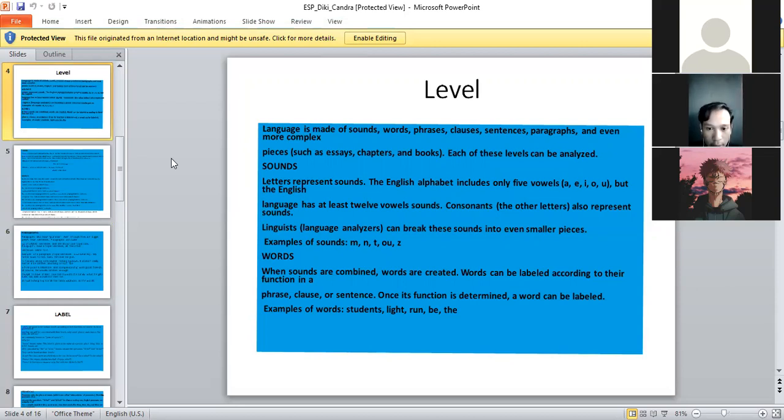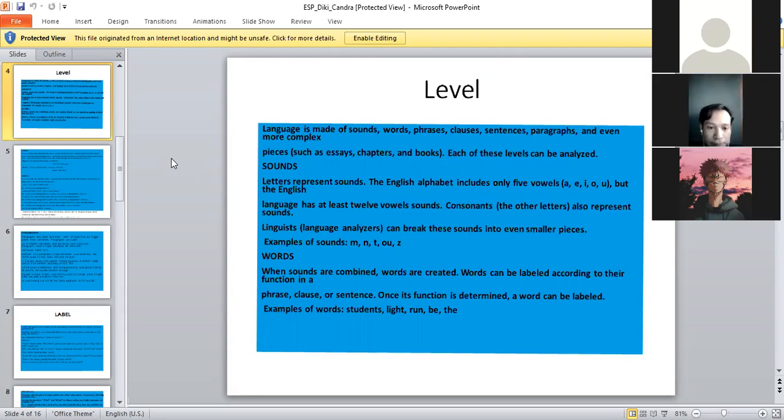Consonants, or the other letters, also represent sounds. A linguistic analyzer can break the sounds into even smaller pieces.